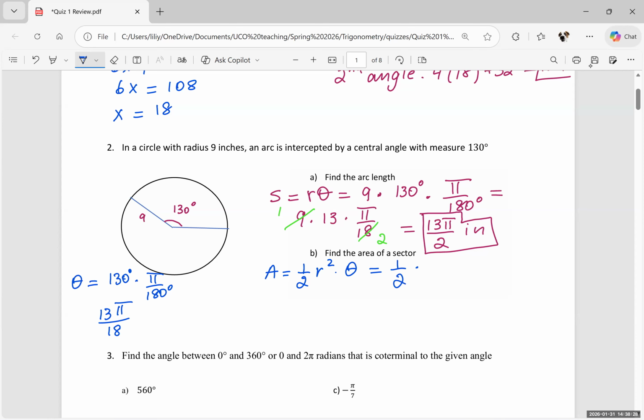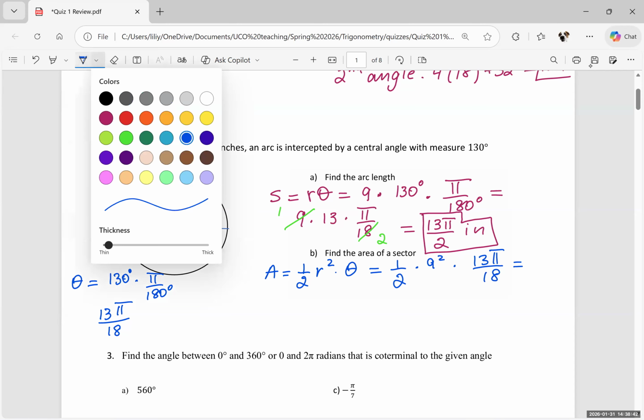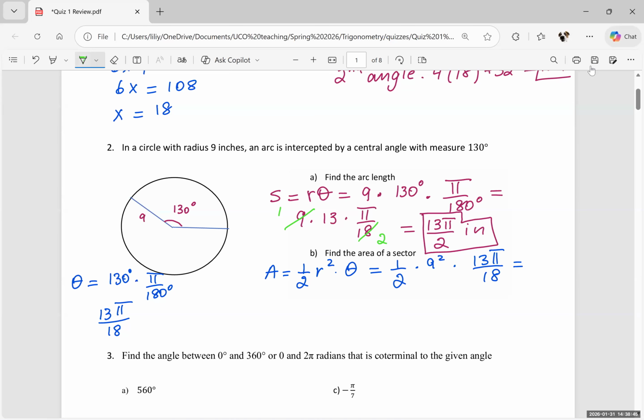1/2 times 9 squared times 13 pi over 18. Okay, couple of things. You can just go ahead and multiply it all out and reduce at the end, but it will be a little bit harder that way. If you notice that 18 and 9 squared have a factor in common, 18 divided by 9 is 2, and 9 squared is 9 times 9, so just the square goes away.